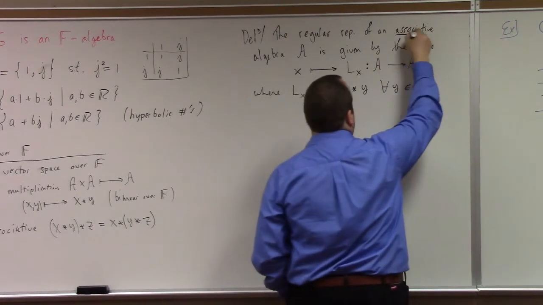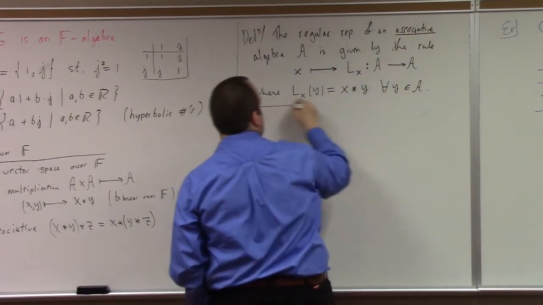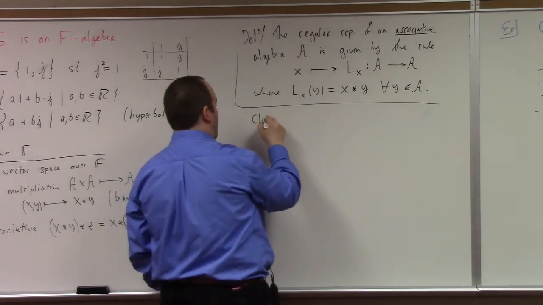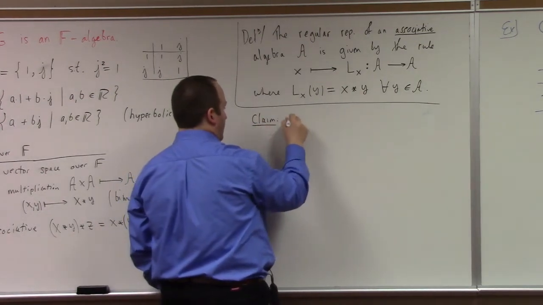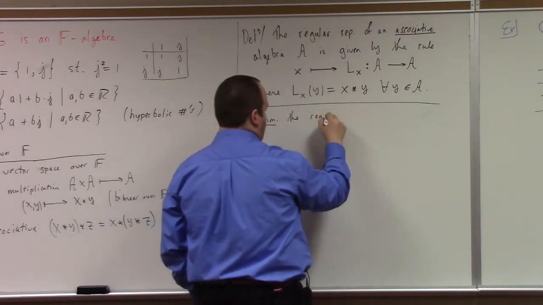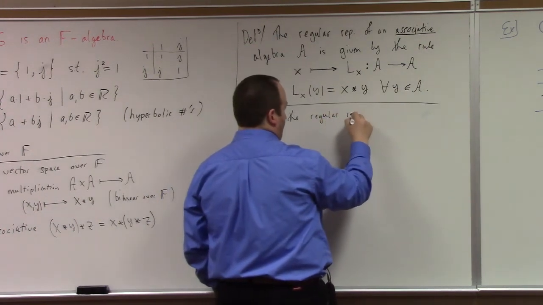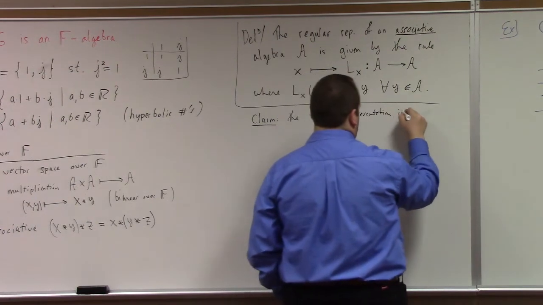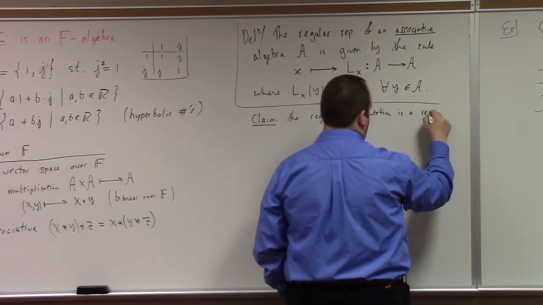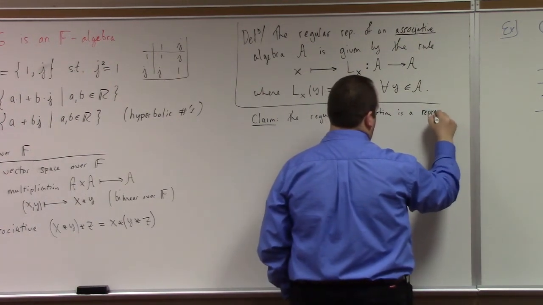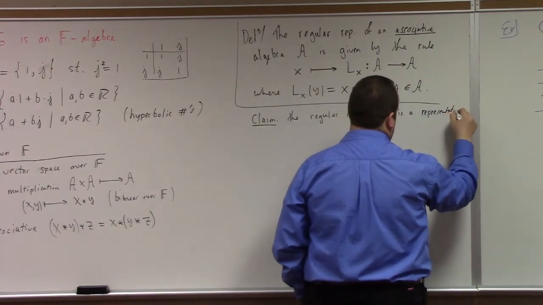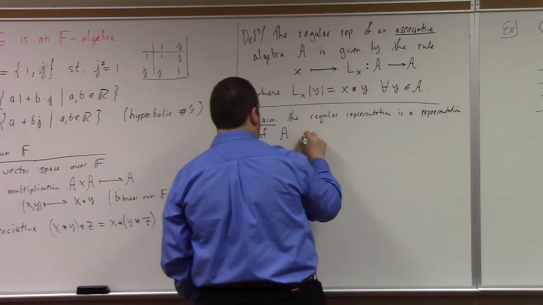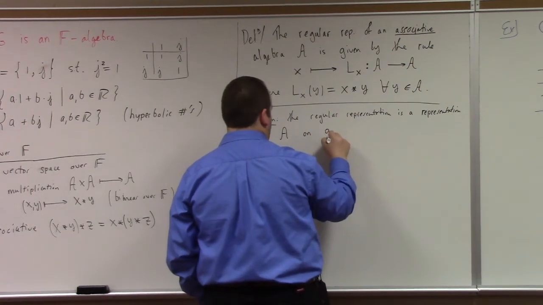All right, so my claim is that this is a representation. Claim: the regular representation is a representation of A on GLA.